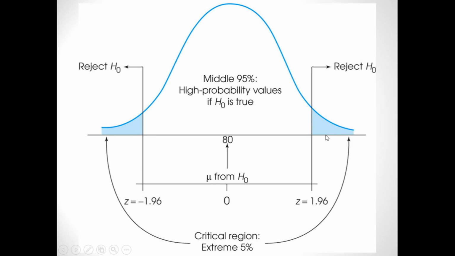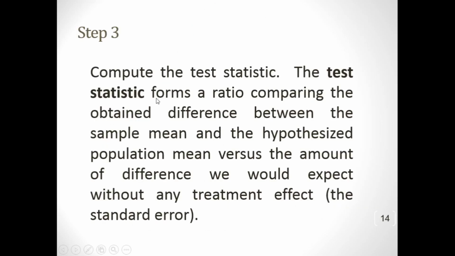Step 3 is to compute the test statistic. The test statistic forms a ratio comparing the obtained difference between the sample mean and the hypothesized population mean versus the amount of difference we would expect without any treatment effect, the standard error. The last step in the hypothesis test is to decide.